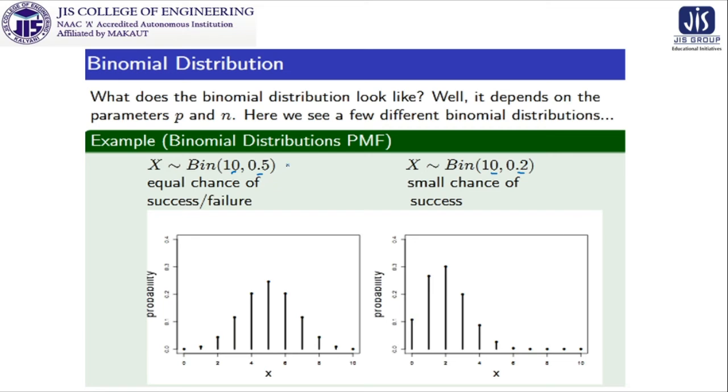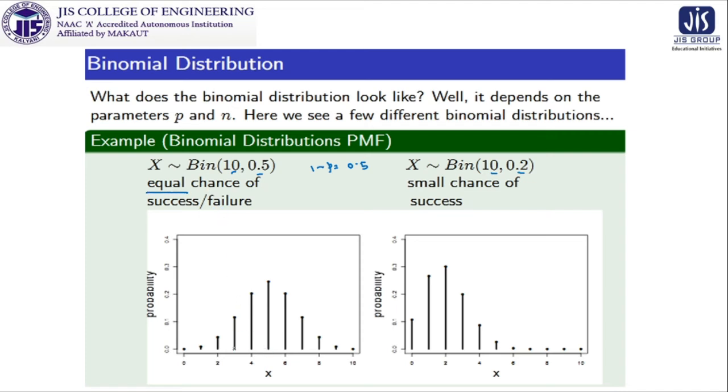So the mean is np, where p is 0.5 and n is 10. If p is equal to 0.5, then 1 minus p will also be 0.5. So it immediately indicates that there is an equal chance of success or failure.